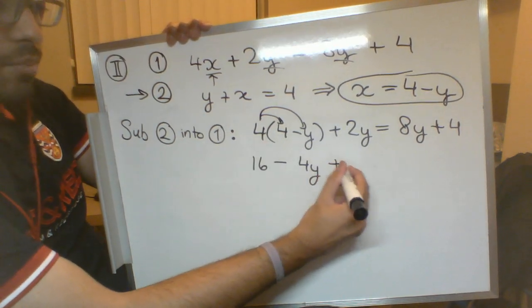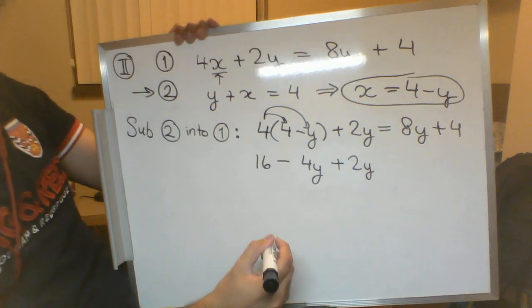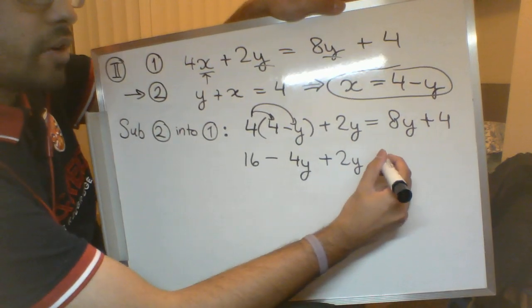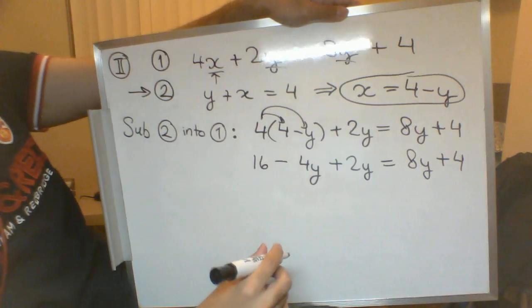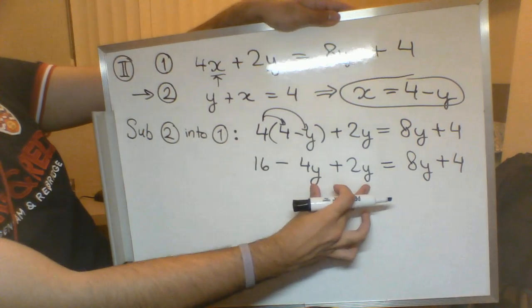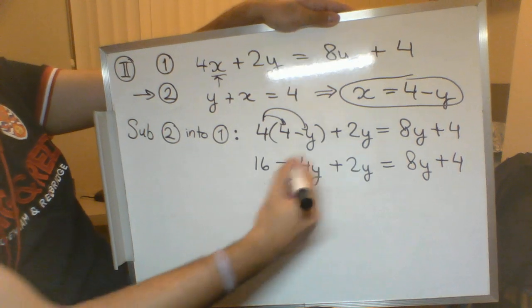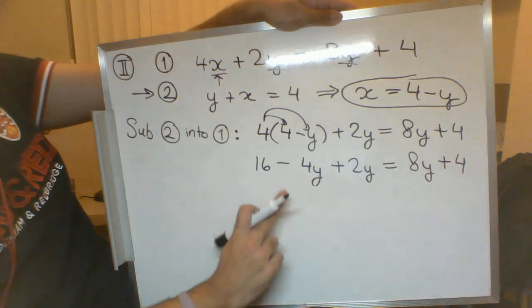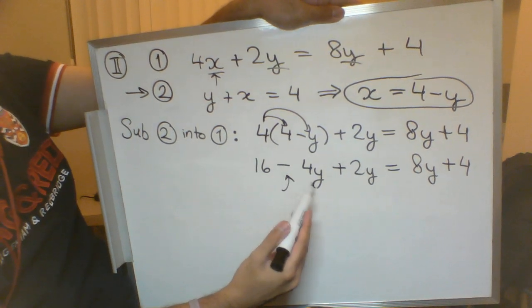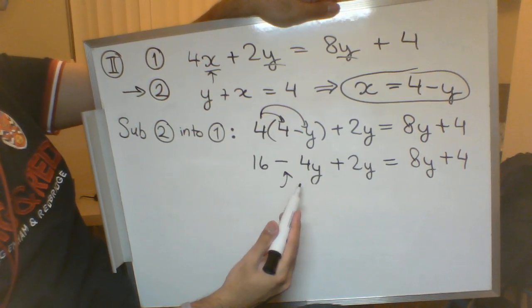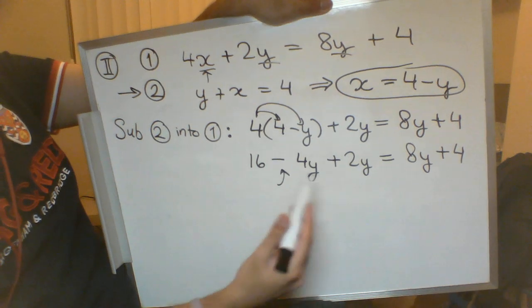Now we still have that plus 2y kicking about over there. And then on the other side, we've got 8y plus 4. So now I can do this math with my y's over here. I've got negative 4y, remember, because of this minus sign, it's really negative 4y, not just 4y. Negative 4y plus 2y.